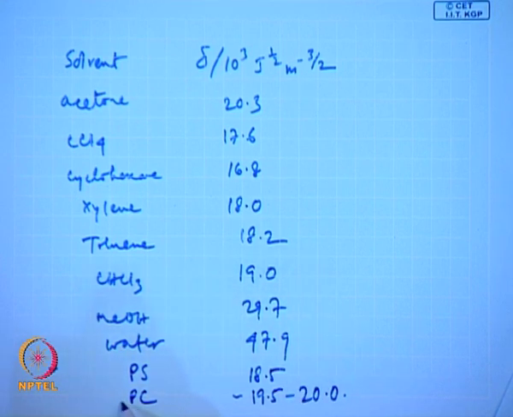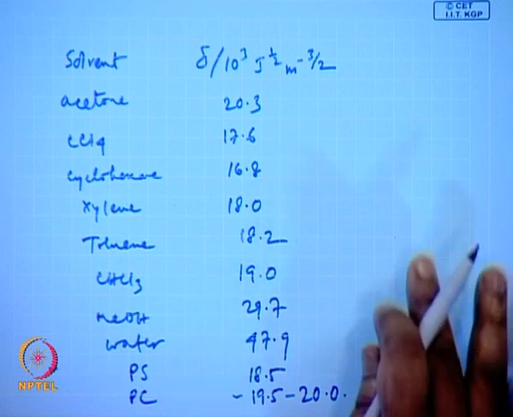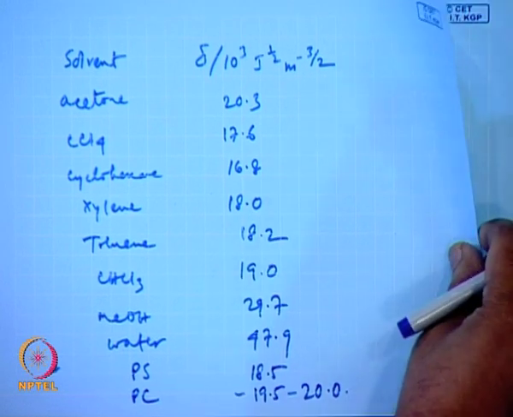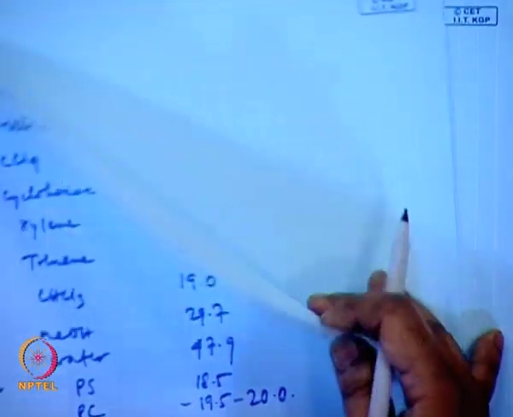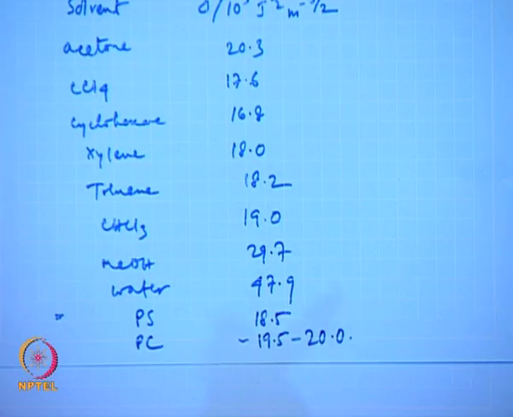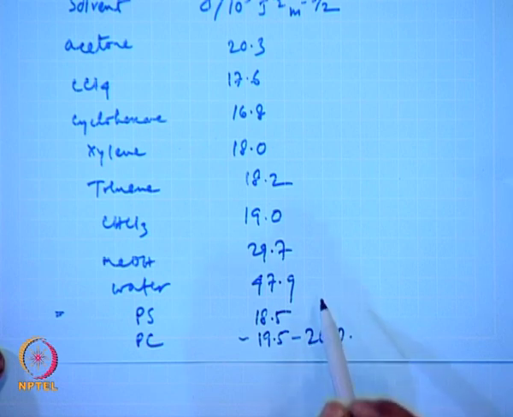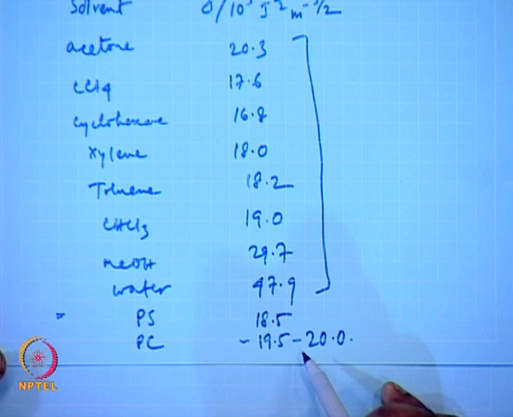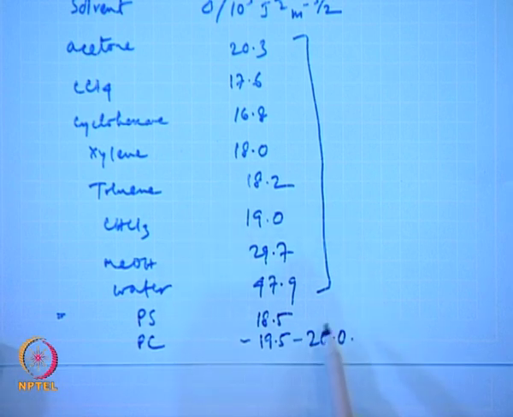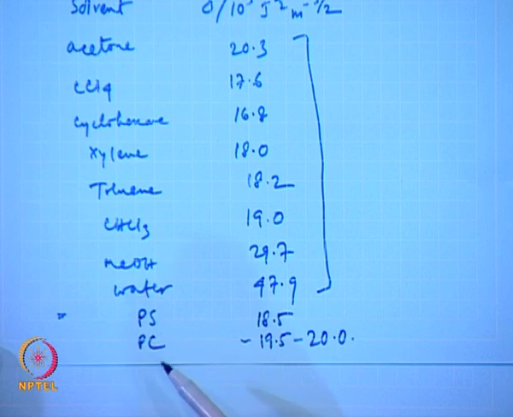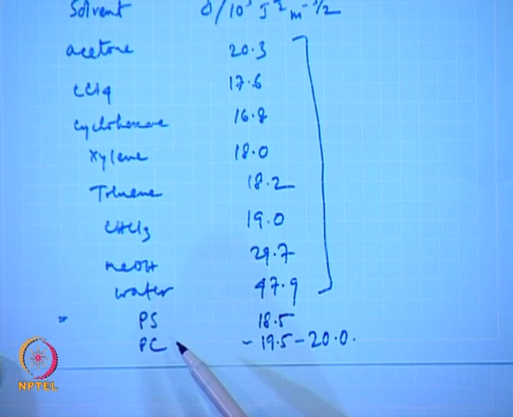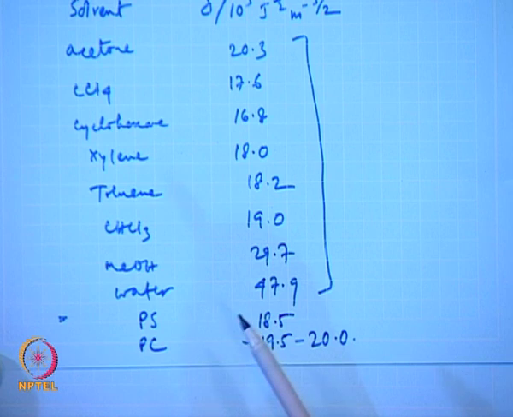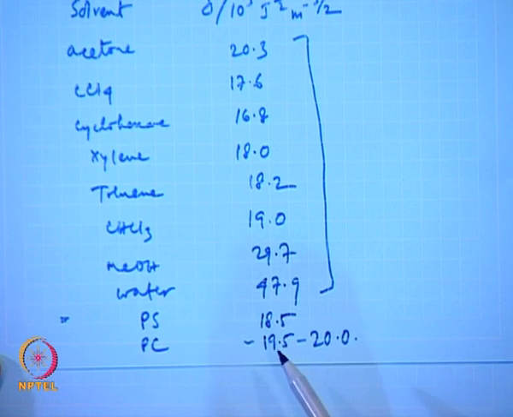Now, obviously, look at this number, 19.5 to 20, and look at these solvents. As we have seen, if the delta value of the polymer is closer to that of the solvent, then it will promote mixing, or the polymer will be soluble in that solvent.